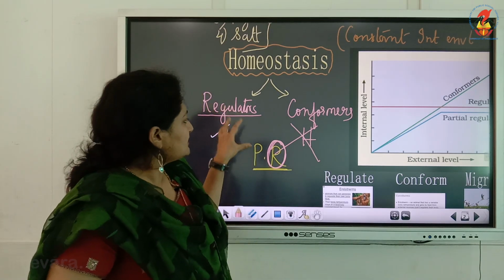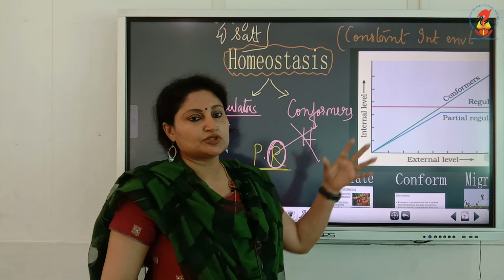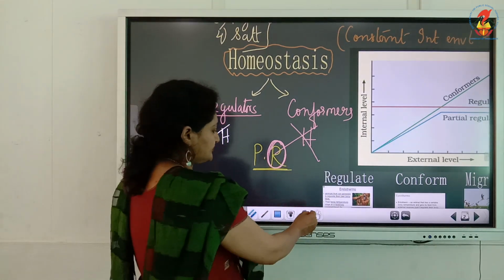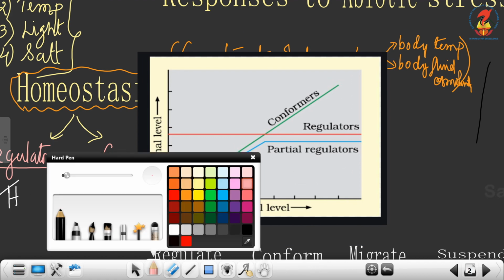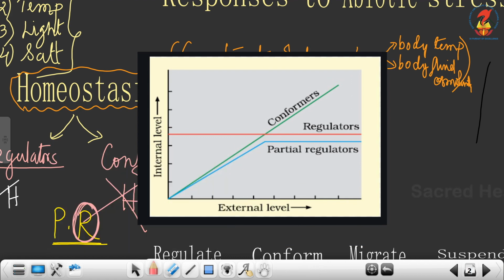Now these three categories of organisms are going to be depicted on a graph. This is a graph depicting the external level on the x-axis. For example, let us take temperature. The internal level of the body temperature is on the y-axis. So the y-axis indicates the body temperature and the x-axis indicates the environmental temperature.